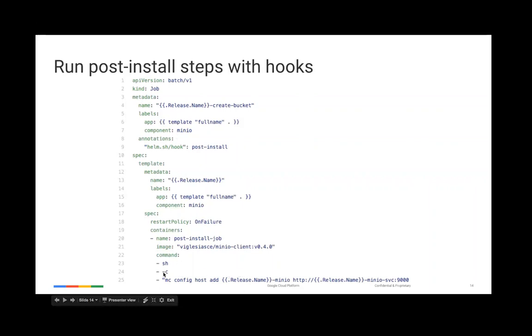So here I'm just running a pod that has the Minio client and running the config for creating the config for Minio and then creating a bucket. So this is just something that needs to happen after my chart is installed and only on the first install. The other types of hooks you can use are post upgrade and post delete. I think there's one or two more. But this is a useful way to have a little bit more control over when things are created inside of your deployment.